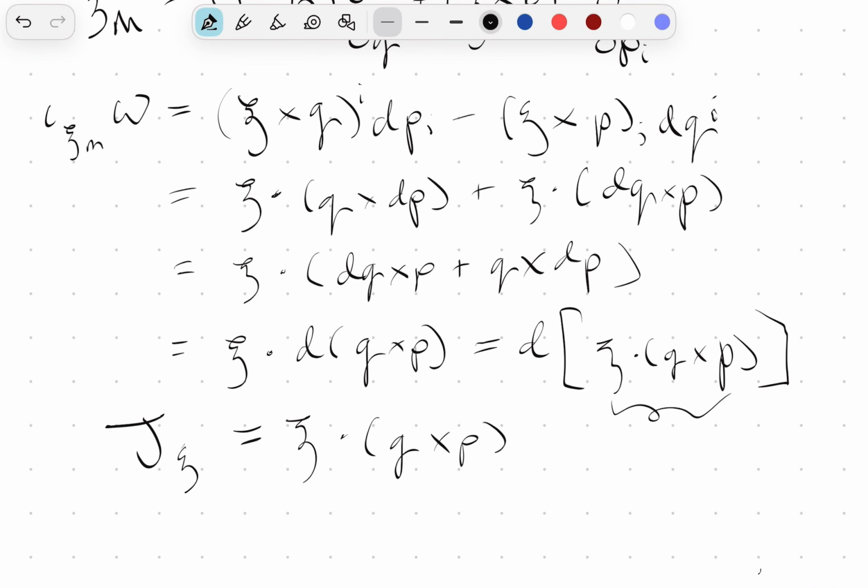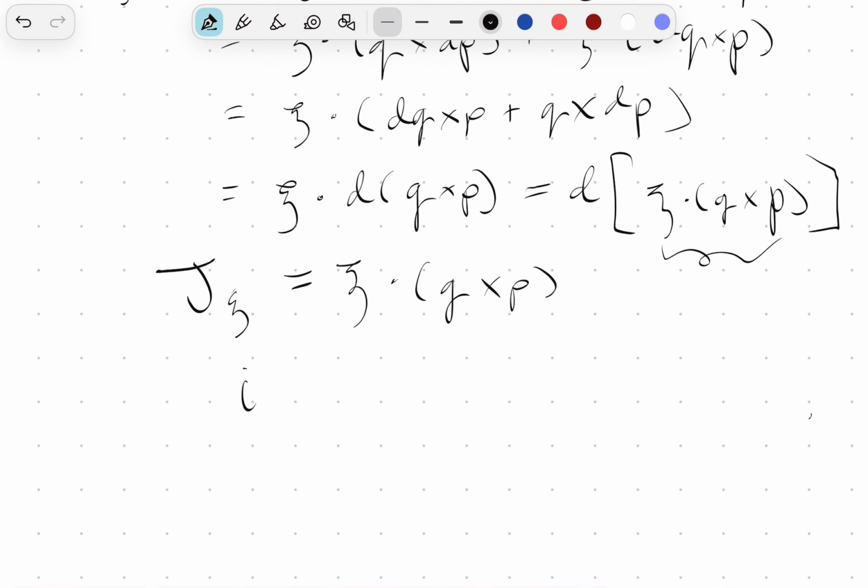And what this quantity is, well, first of all, what we have here is that the vector field is iota C on the phase space. The contraction of the vector field with the symplectic form allows us to have a generating function, or it's the derivative of this generating function here.